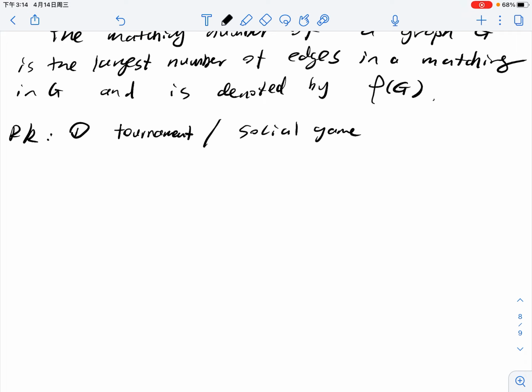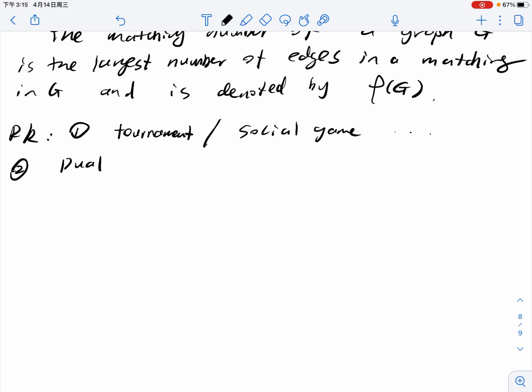We have a couple of people from different groups coming to a social event, and the people want to know more people, meet more friends, and of course, if they already know each other, they don't need to talk a lot in this event. So they try to match up people who have not met before. And you have a lot of other real cases.